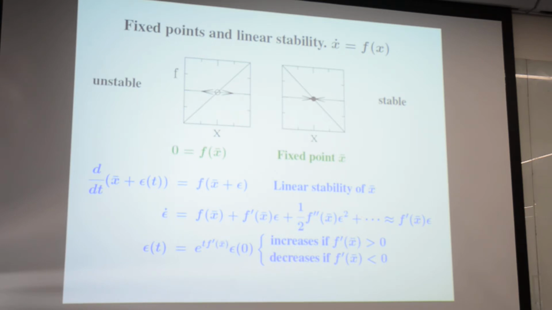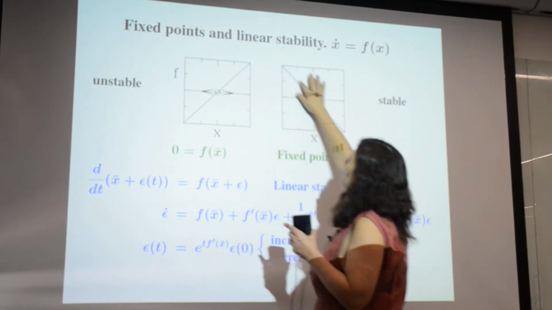It's not going anywhere. Okay, so let us draw some f of x. It's crossing 0. It's going to have the 0 value right over there, because we said we're interested in fixed points. And here it's crossing 0, and here it's crossing 0.